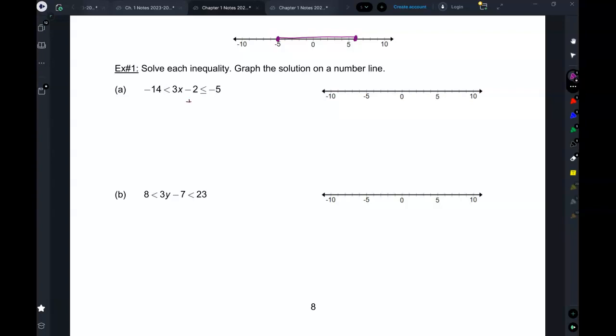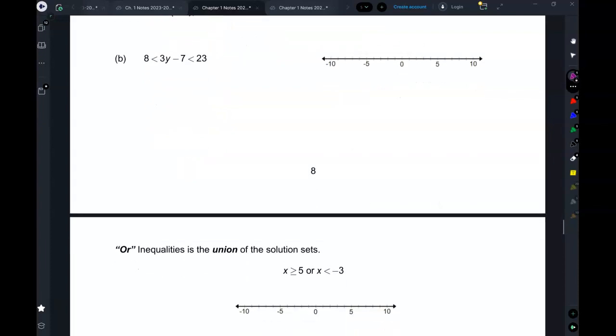So here for this one, let's add 2 everywhere. So -12, 3x, -3. Divide everything by 3. And I get -4 is less than x is less than -1. So we're going to go between -4 and -1, and it's that tiny little region there. Okay, let's do this one.